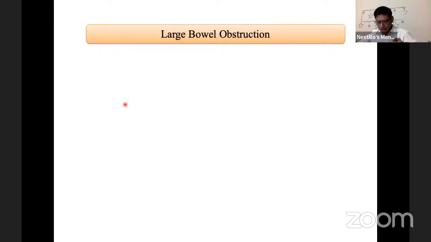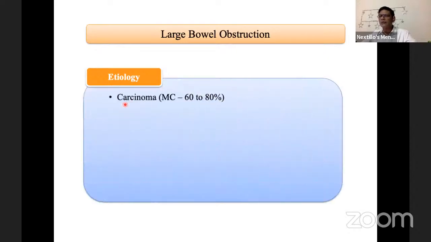For the mechanical obstruction of the large bowel, a varied number of etiologies are there. But we know already that the most common cause of large bowel obstruction is carcinoma. They account for around 60 to 80% of the cases of large intestinal obstruction.